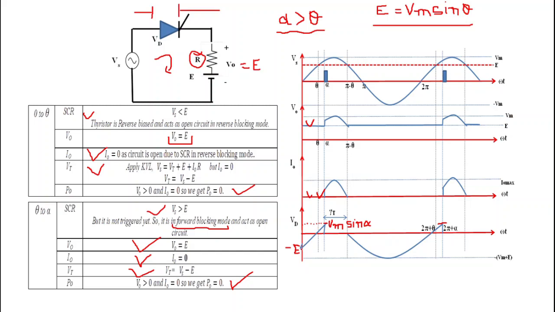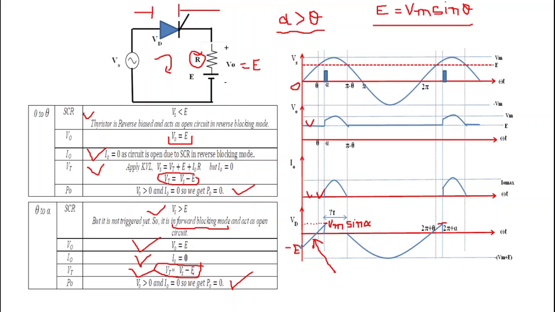Now see, when the thyristor is turned off from 0 to alpha, the thyristor continues to act as an open circuit. So in that case, the voltage across the thyristor is given by Vs minus E. So this is the waveform of Vs minus E. For this waveform, at omega t is equal to 0, we know that Vs is equal to 0.